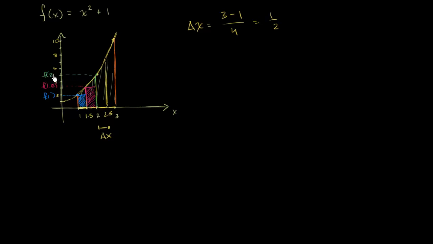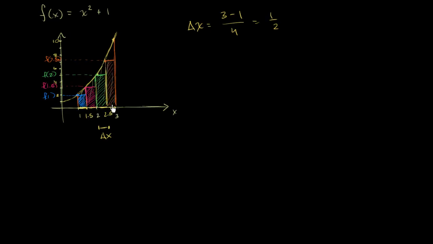That's f of 2. And then we get our fourth rectangle, with the function evaluated at 2.5 as the height. So this is f of 2.5. Remember, in each of these, I am just looking at the left boundary of the rectangle and evaluating the function there to get the height of the rectangle.